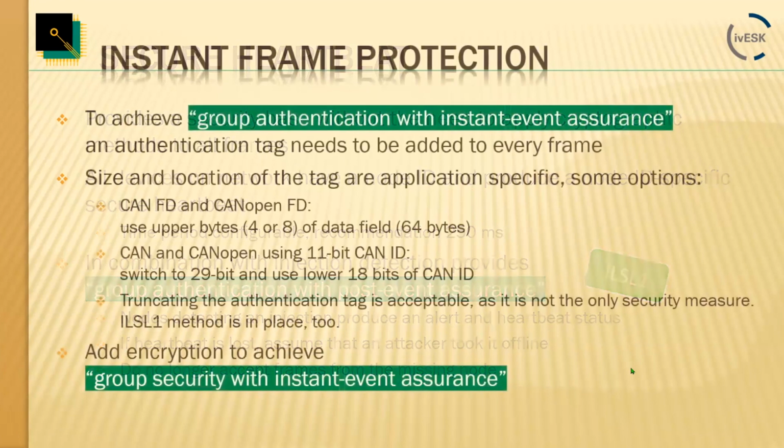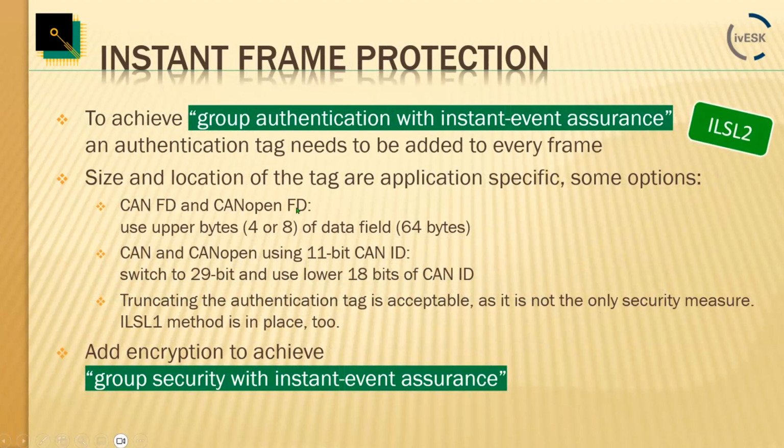However, when we really talk about safety, then we need something like group authentication with instant event assurance, where we say, yep, every communication needs some sort of authentication tag. And here, when we are in CAN-FD or CANopen FD, then of course this is much easier because we have a field of 64 bytes, and putting some authentication tag into the data field is easier. With classical CAN and CANopen, this is much more challenging.